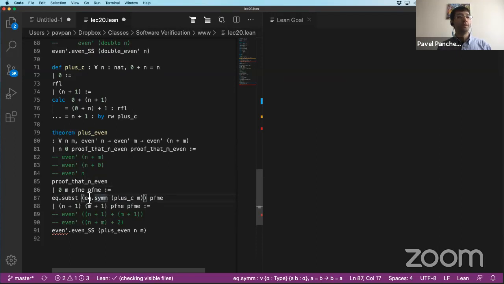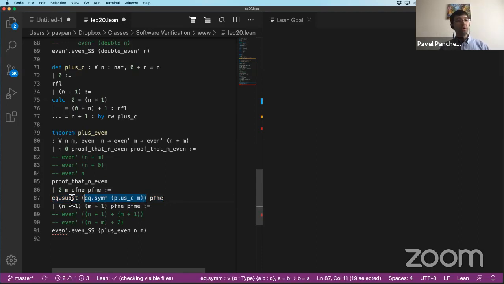Eq.symm takes an equality a equals b and produces an equality b equals a. So I have my proof here that 0 plus m equals m. Reversing, that's a proof that m equals m plus 0. We have a proof that m is even, and if we substitute m with m plus 0 in it, we get a proof that m plus 0 is even. Or actually, sorry, 0 plus m is even.